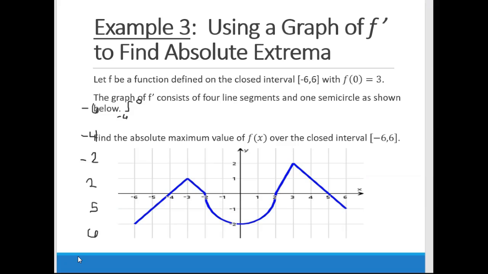So think about the area of this triangle here. Base 2, height 1. So 1/2 base times height makes an area of 1. Here, base 2, height 2 gives an area of 2, but it's below the curve.